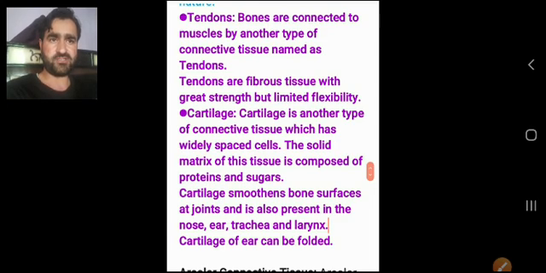Cartilage, as I said, smoothens bone surfaces at joints and is also present in the nose, ear, trachea, and larynx. Cartilage of the ear can be folded. That means it is very flexible, it is very smooth, and can be folded in the case of the ear. So these are the subtypes of this connective tissue.